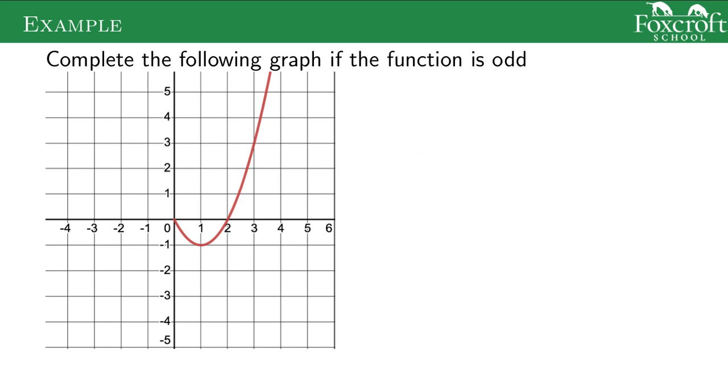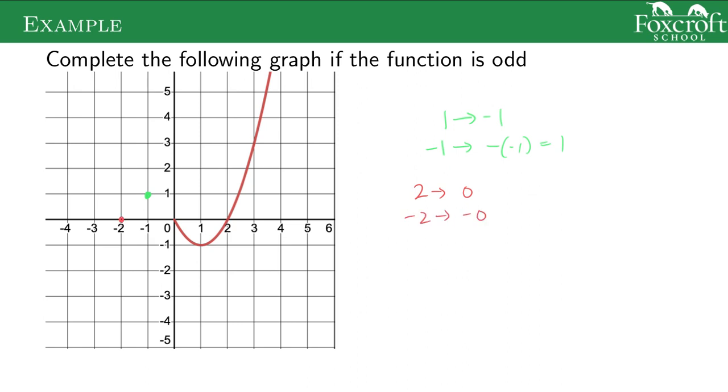All right, what about an odd function? When I put in the negative value, I get the opposite of the original. So in this one, I put in 1 and I get out negative 1. So when I put in negative 1, I'm going to get the opposite of negative 1, which is positive 1. So that's going to be there. On my original, when I put in 2, I get out 0. So when I put in negative 2, I'm going to get out negative 0, which is still 0.